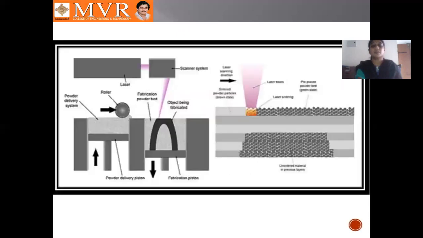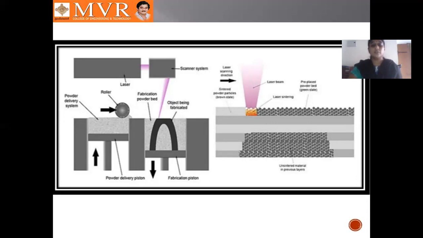If you see in this image, this is the roller system. This is the powder-based system, and the powder is exposed to the laser beam system. The roller part spreads the material into a fine layer to place the craft material throughout the product.